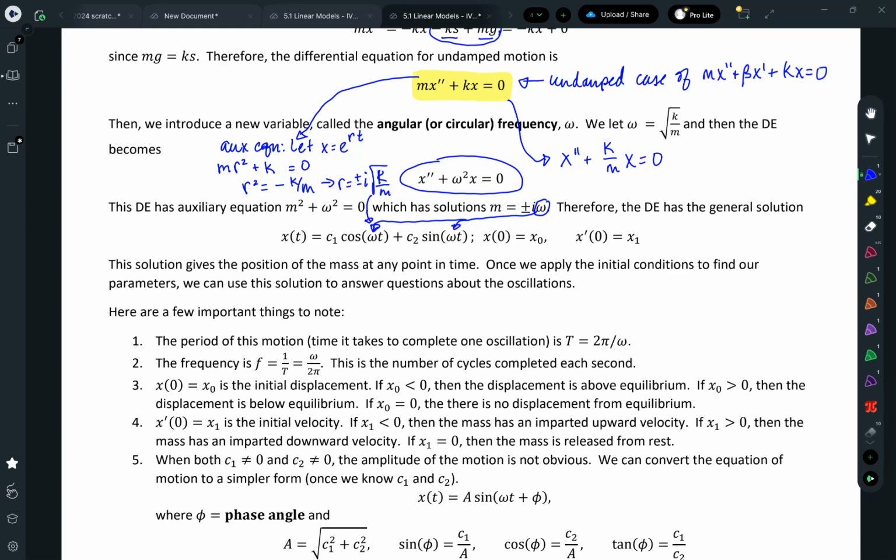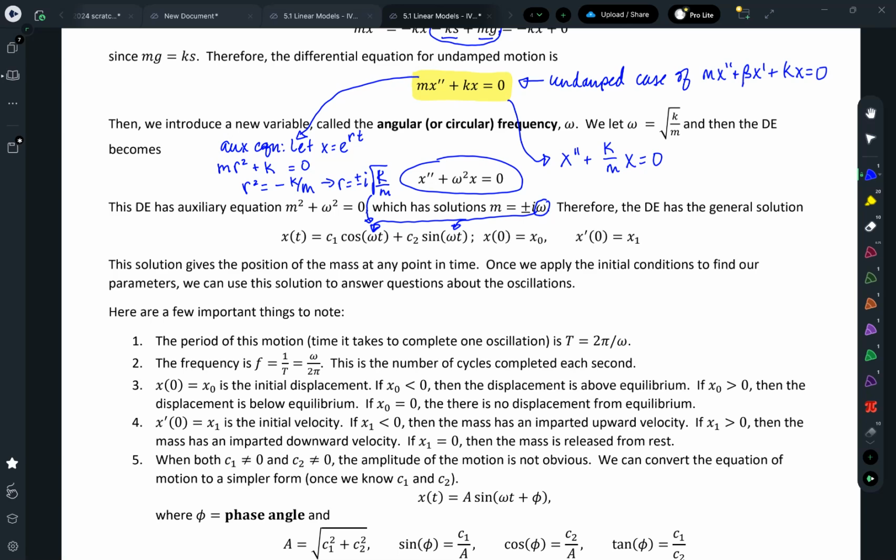So whether we know the value of omega as omega or as the square root of k over m doesn't really matter a whole lot. Okay? What is important is that omega is the angular frequency. So if we're asked anything about the angular frequency, then we know it's omega, and omega is the square root of k over m. Okay? I'm sorry if that was long-winded. I just don't want that to be a confusion for anybody or to be a sticking point. Okay?